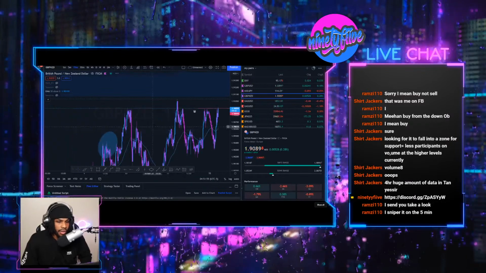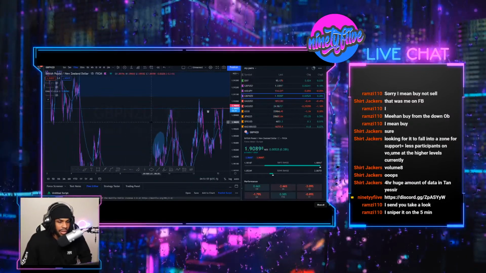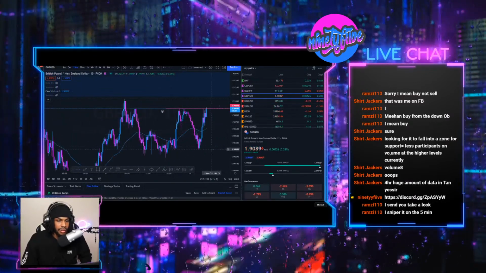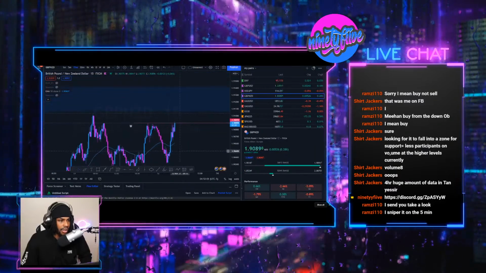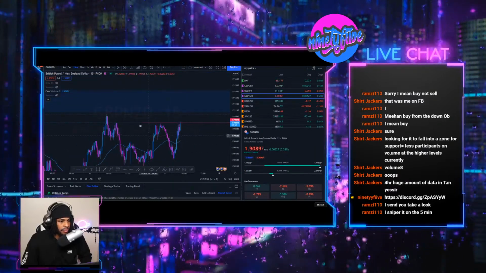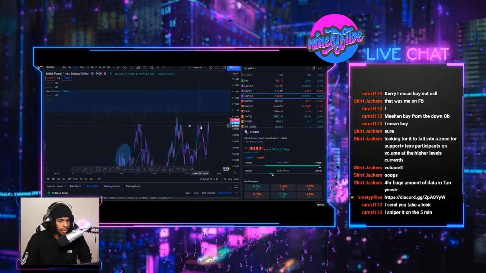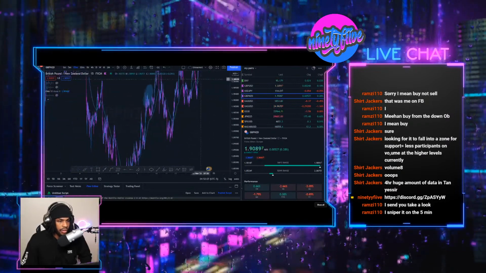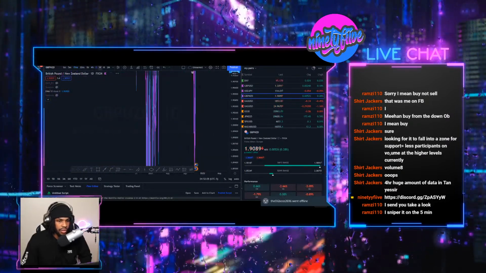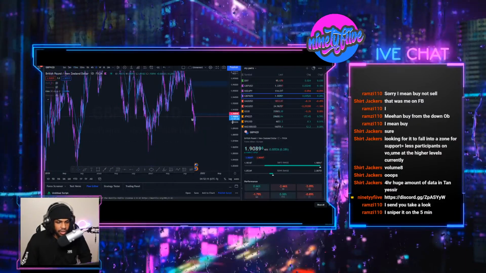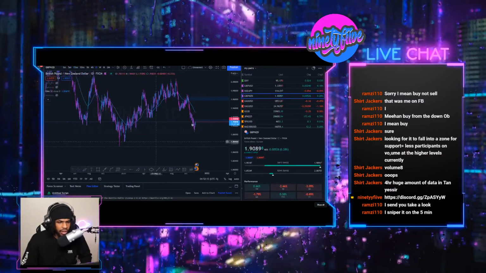Alright, so we might begin to set up on GBP NZD tonight. I'm considering just trading the open of it. Let me see where I can see this going long term. I haven't looked at this thing, at least I don't think I looked at it today.